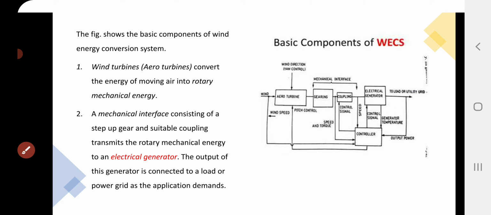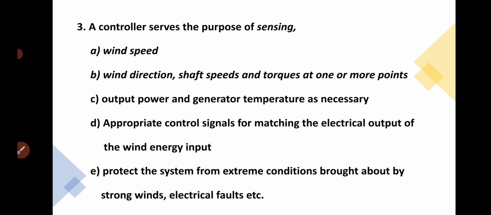Okay, then for the purpose of sensing, there's a controller provided, and the controller serves the purpose of sensing the wind speed, the wind direction, shaft speeds, and torques at one or more points.